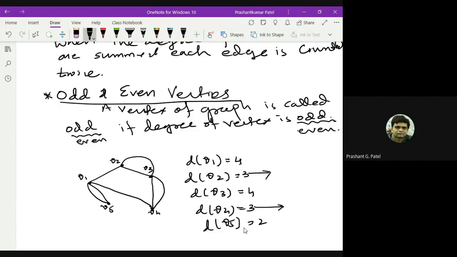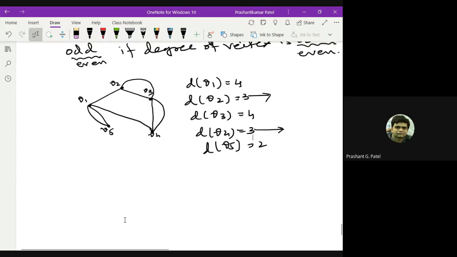Yes sir. So what is the conclusion we can make out of this? In any graph there is an even number of odd vertices, and that is known as the handshaking lemma.